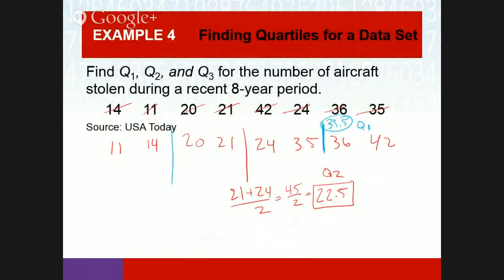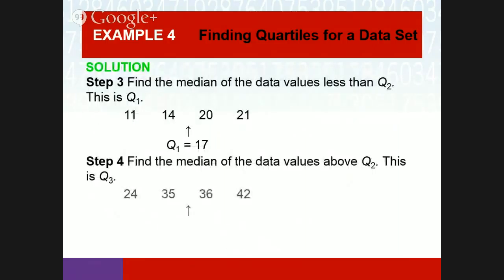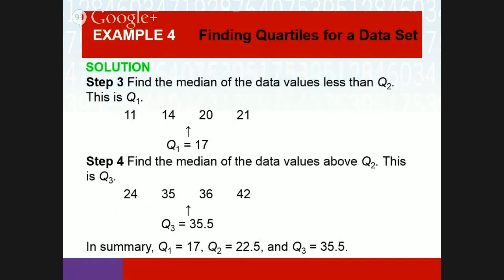If you switch Q1 and Q3, that's fine. Like I said, it makes sense depending on what the data points mean. Here they mean aircraft stolen during the recent 8-year period. It could be Q3, that's fine. And your book even calls it Q3. So Q1, Q2, Q3. You can just stick with that order.